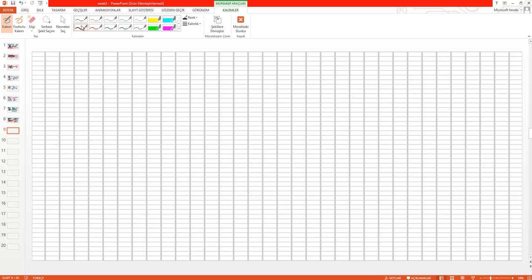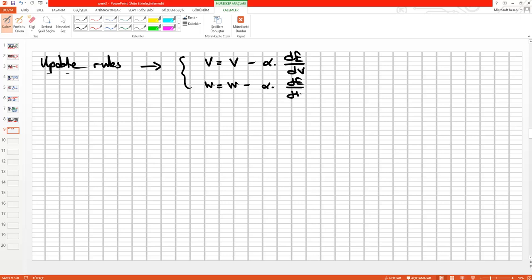So just remember that in the previous week we created the update rules for the minimization problem, and so we can write it down: w is equal to w minus alpha times dE divided by dw, and so w can be updated with the derivative of dE with respect to dw.